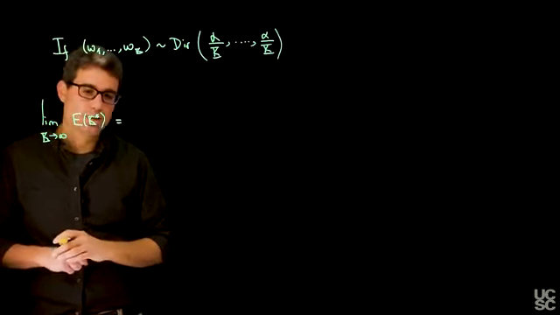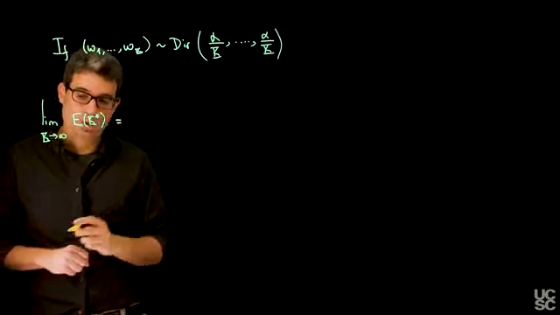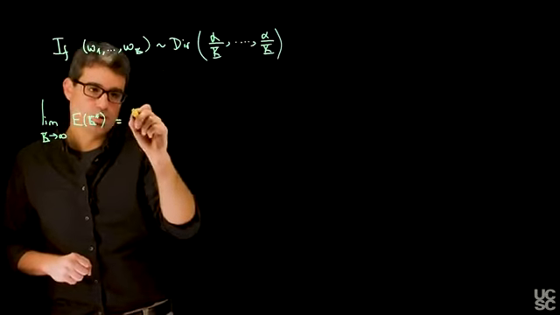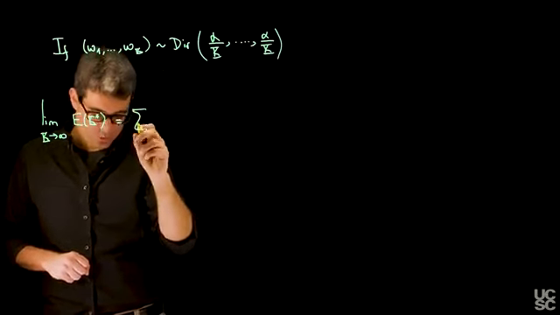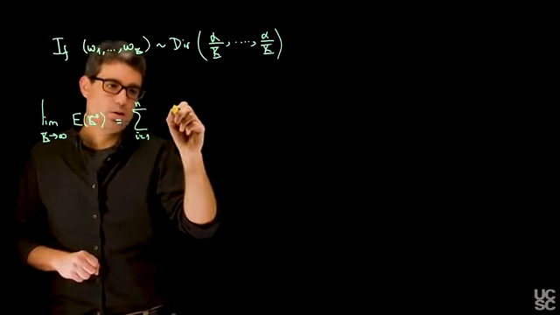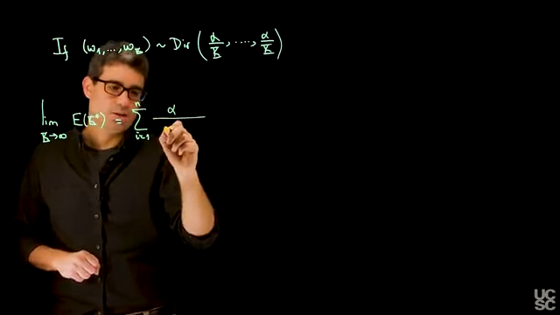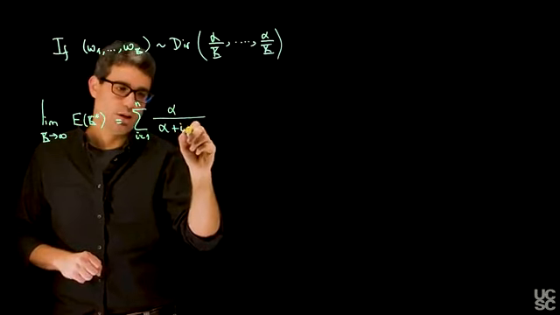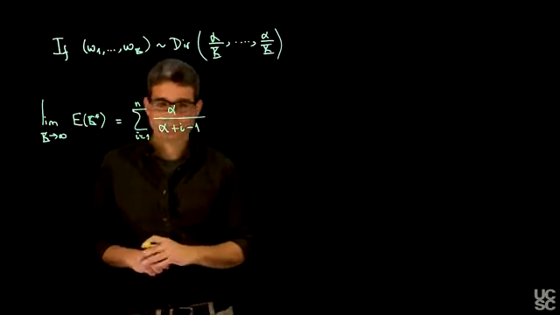So this quantity is equal in the limit to the sum from i equals 1 to n of alpha divided by alpha plus i minus 1.